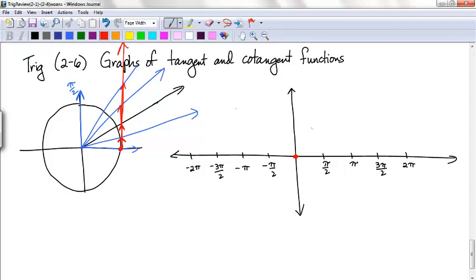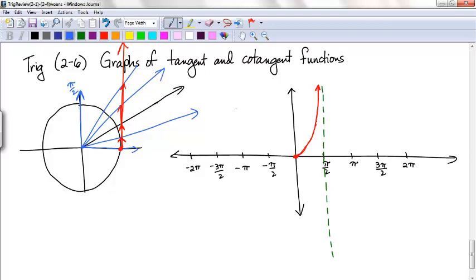Okay, so it's getting bigger, bigger, bigger, until at pi over 2, and we're actually going to put in what they call an asymptote. Put in a dashed line at pi over 2, and your tangent graph actually is going to approach that line. It won't touch it. It gets closer and closer. Okay, goes to positive infinity.